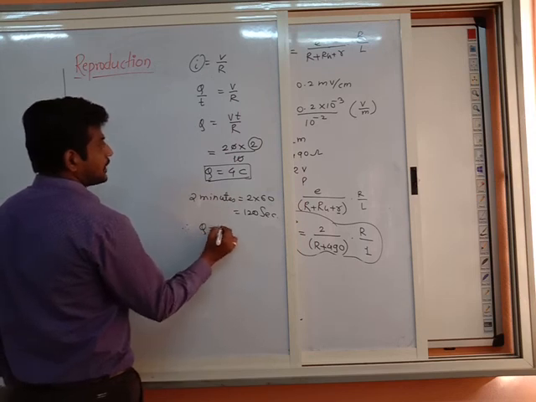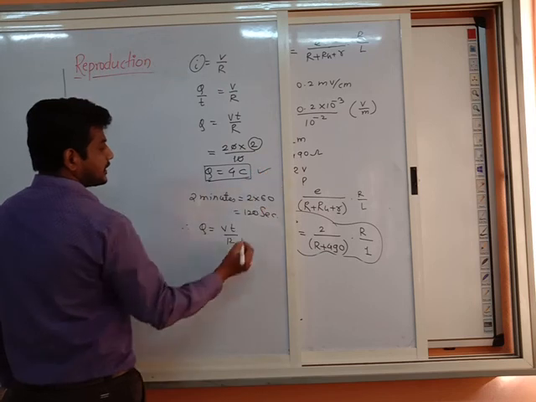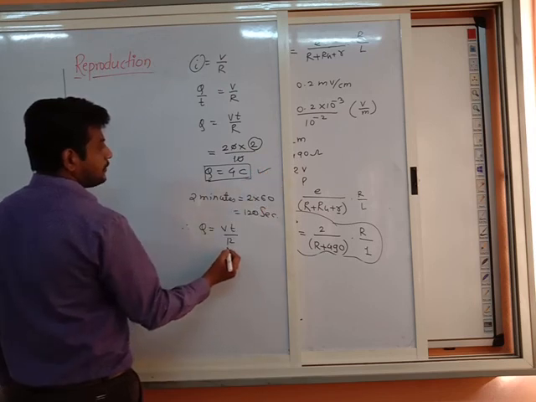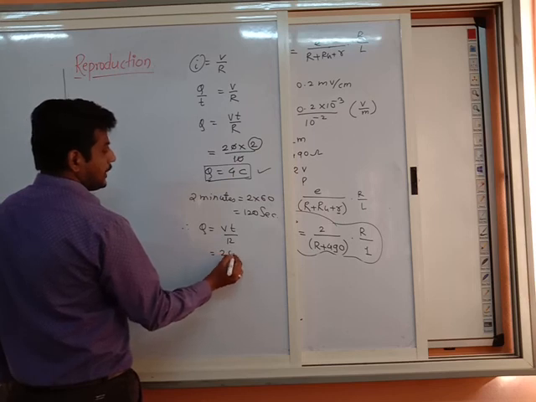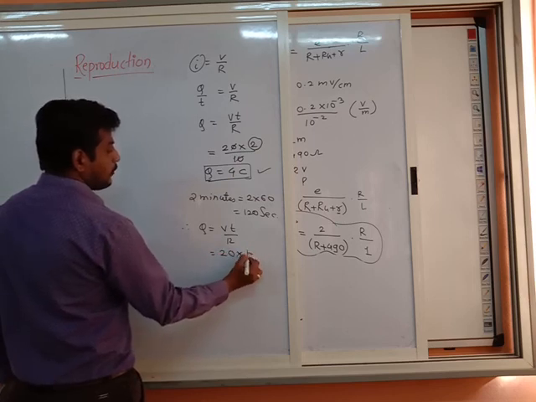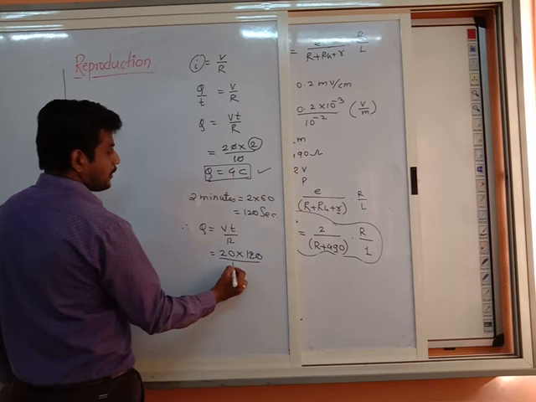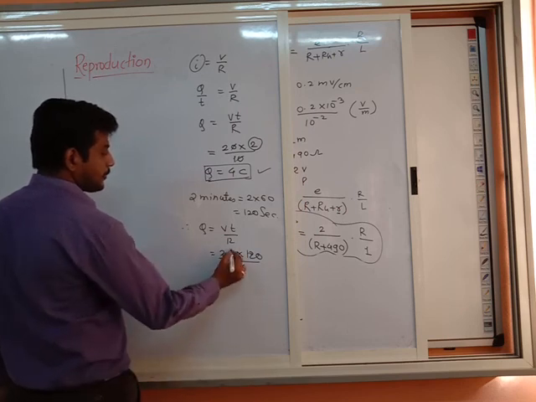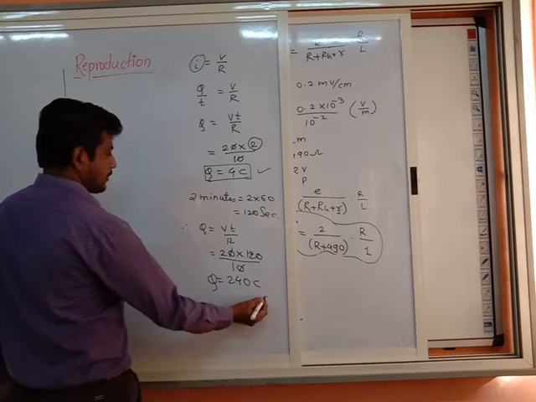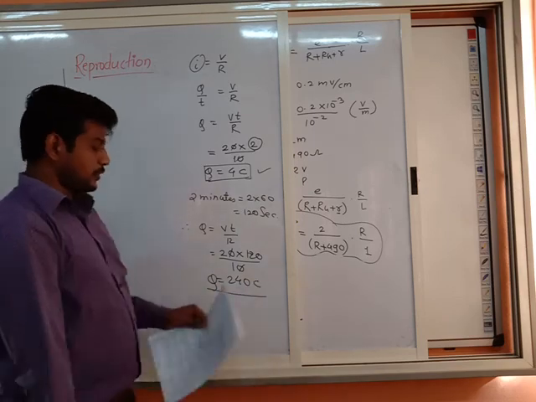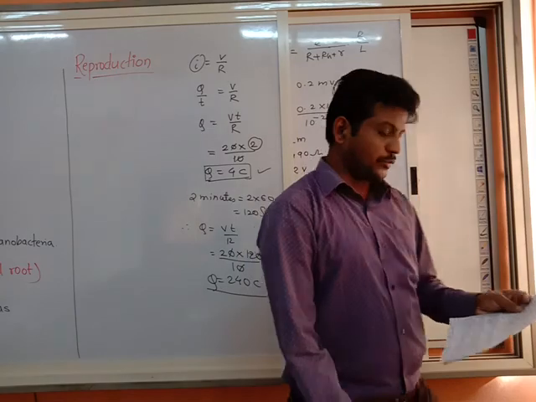Therefore Q is equal to, we take directly Vt by R, the answer with minutes has come, remember. 20 into 120 upon 10, 240. Q is equal to 240 coulomb. So option A is 240.